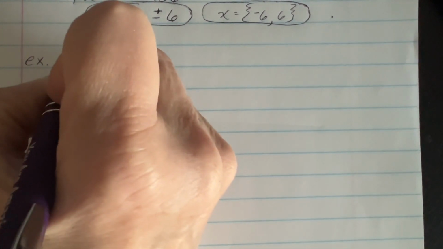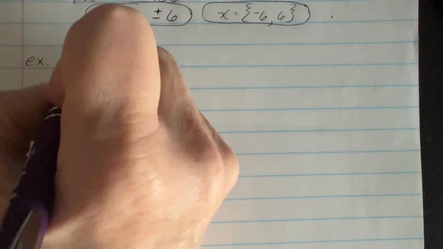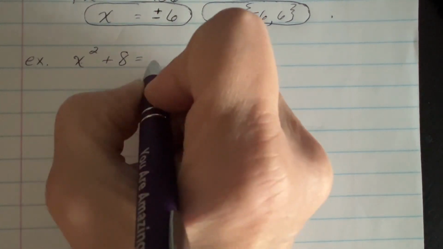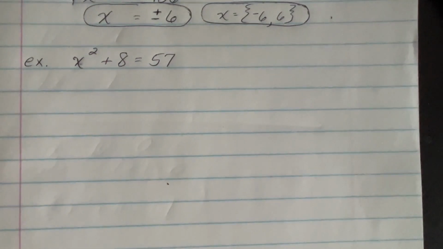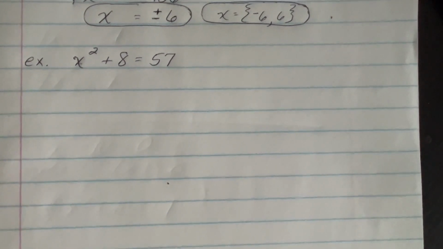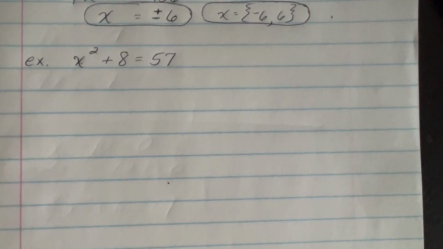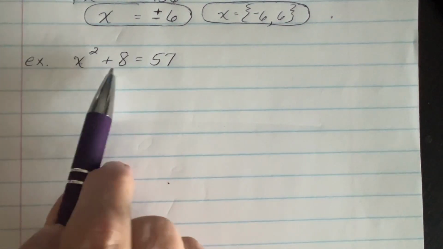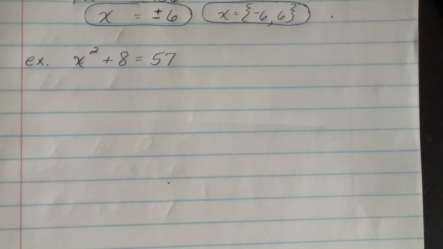So say, for example, now you have x squared plus 8 equals 57. We have to really think about this one. What is the difference between these numbers? Before I jump into the quadratic formula, I want to look for relationships between numbers.